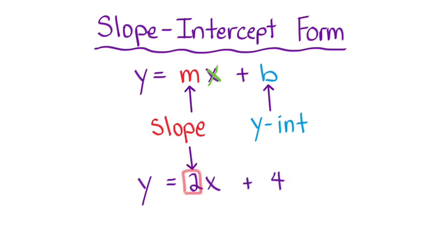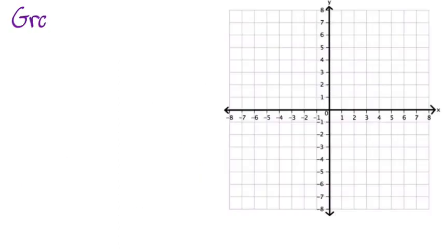So for example, on y equals 2x plus 4, my slope is 2, not 2x, just 2, and my y-intercept is 4, right? And don't forget that this x over here is every x on the graph, and this y represents every y on the graph.